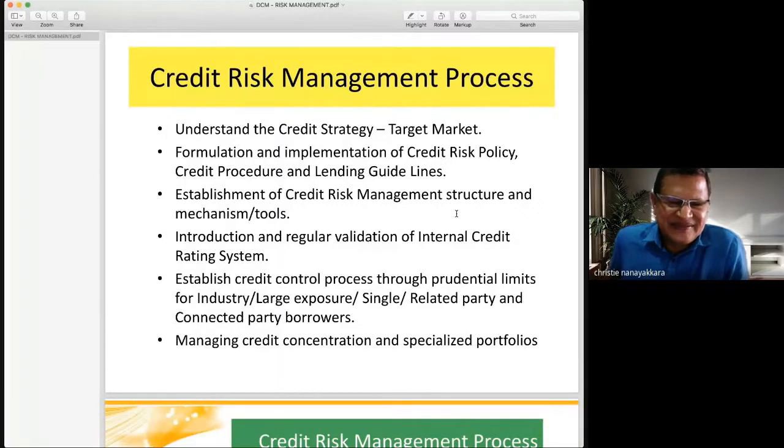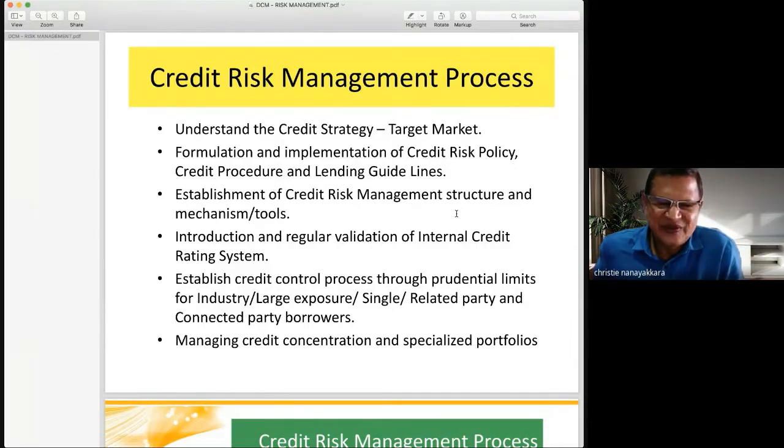Not only sending you the appraisal back with a recommendation is the function of the credit risk department. There are other functions like setting limits for certain industries, and checking whether regulatory requirements are met or adhered to in your proposal. That is also part of the credit risk management process.